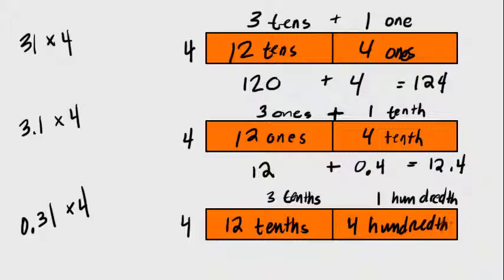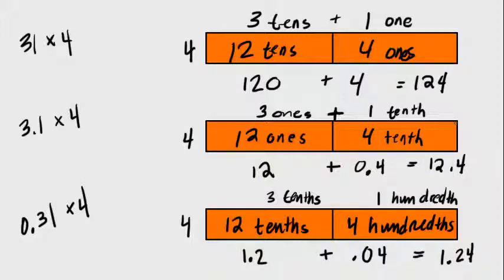And when we add them together, it's 0.12 plus... I'm sorry, that decimal's in the wrong spot. Let me fix that. It's 12 tenths, not 12 hundredths. So it's 1.2 plus 0.04. And then when we add them, it's 1.24.